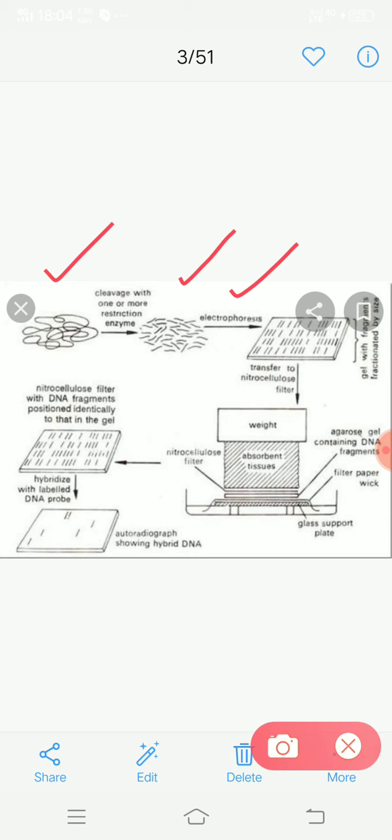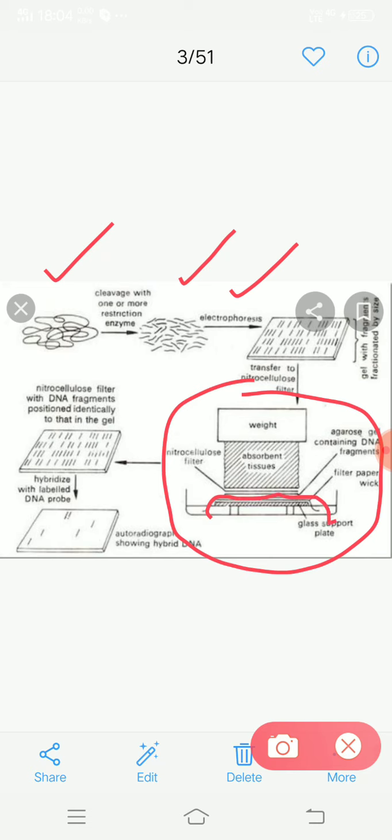After electrophoresis, you have to make a replica of that gel onto the blotting paper. This is an important thing. To make the replica, you have to transfer the bands to the nitrocellulose paper. For that purpose you take a chamber like this. In this chamber there is a glass support.